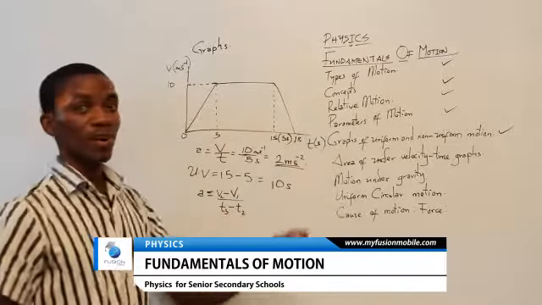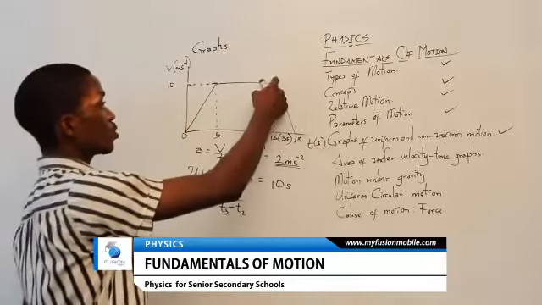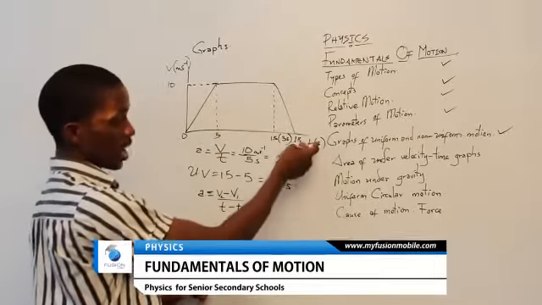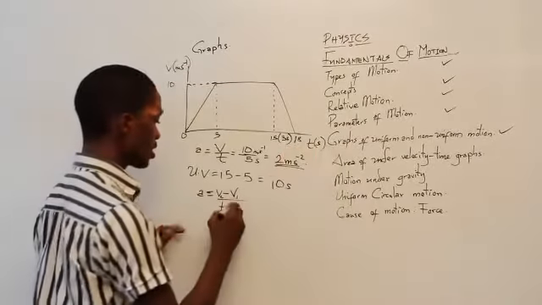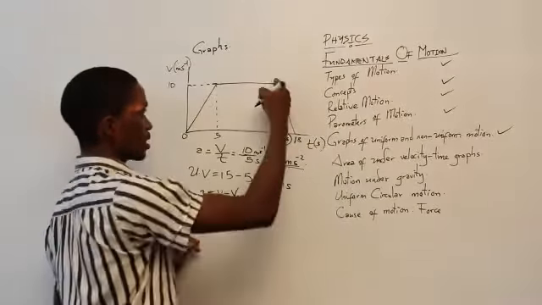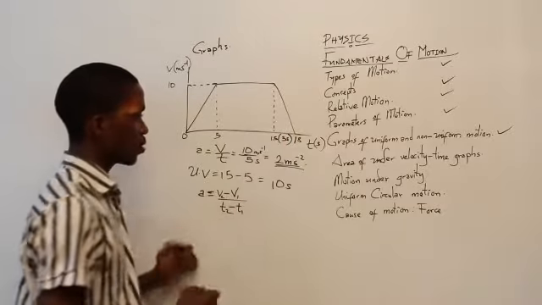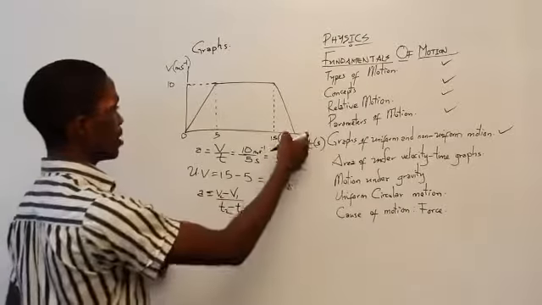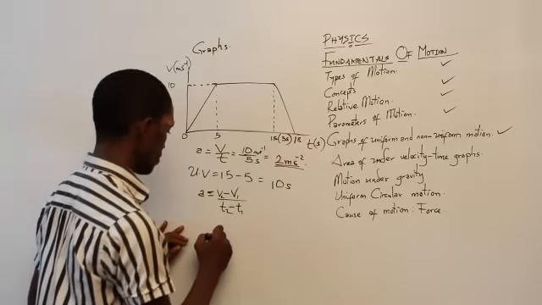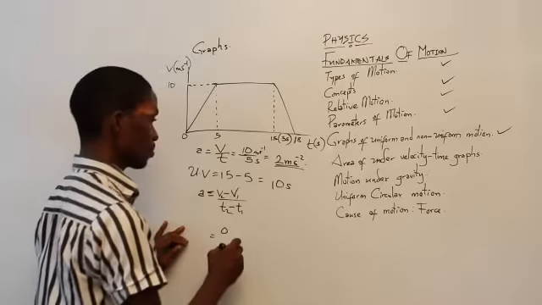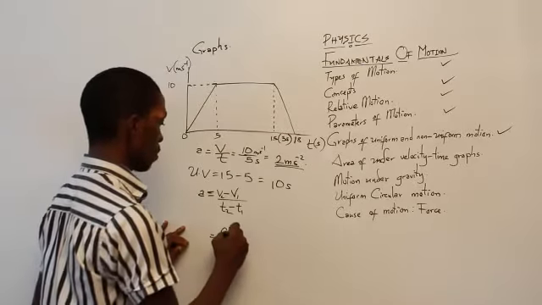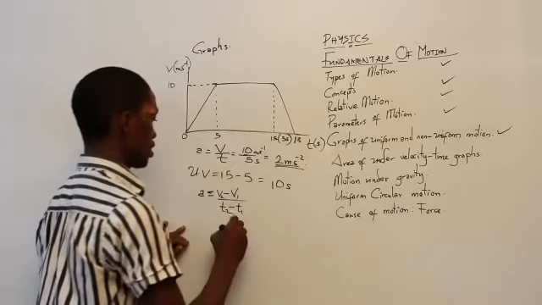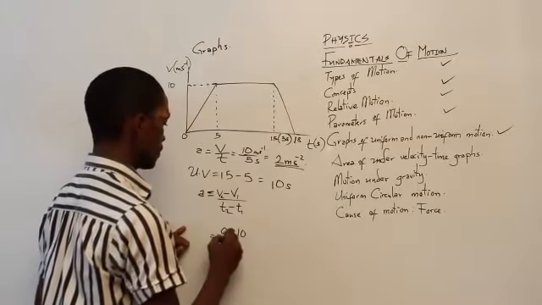We can term that as our V2, and the one up here as our V1. Also the time at this place we call T2, while the time at this place we call T1. So our V2 here is 0, since it's stopping, minus our initial velocity V1, which is 10.